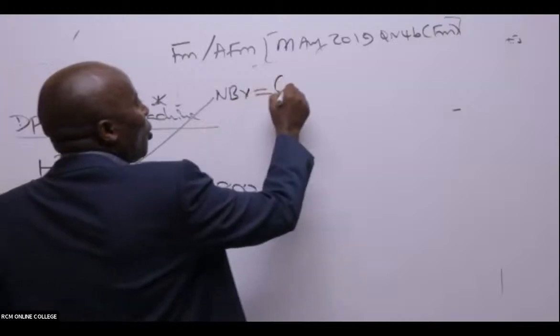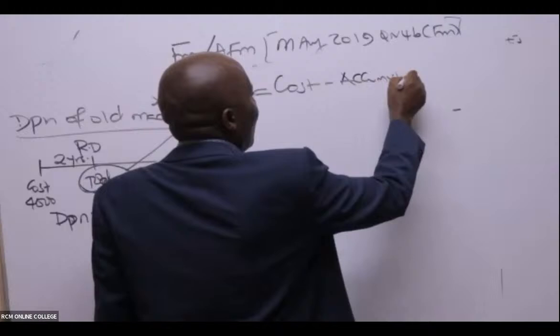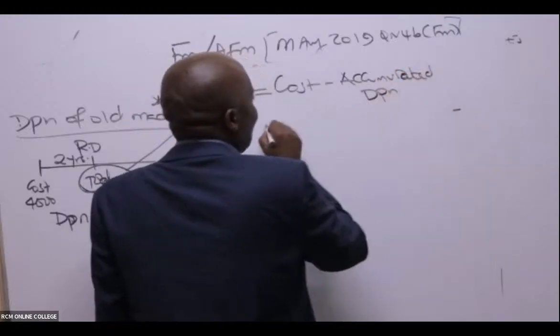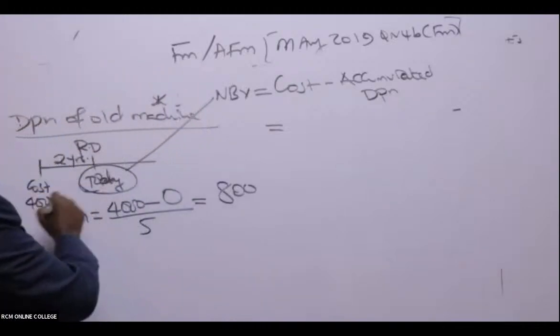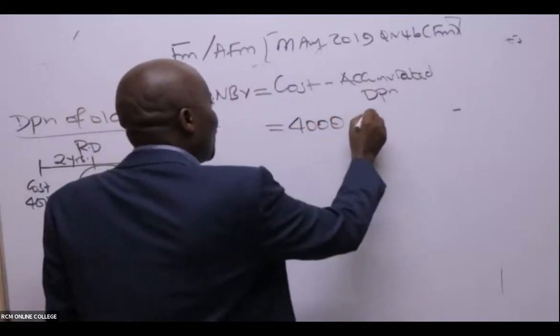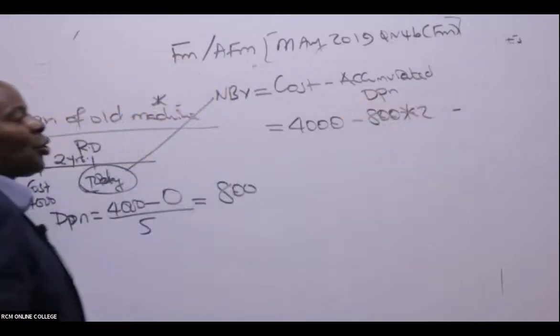It will be the cost minus accumulated depreciation. The cost was 4,000. Depreciation is 800 per year. But remember, we acquired this machine 2 years ago.